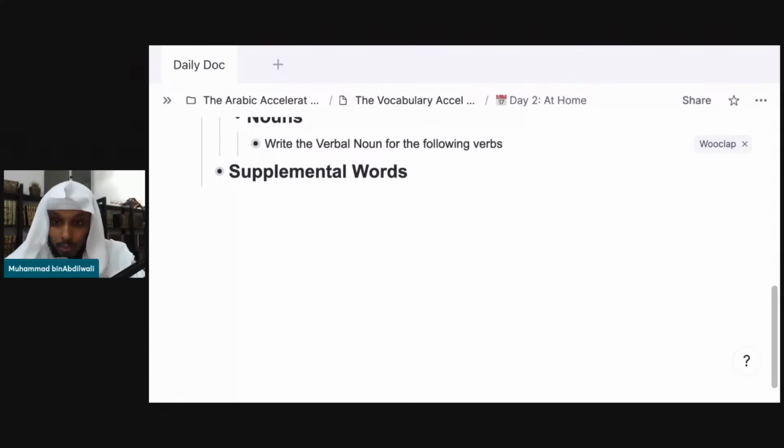Some of them are not. Sorry, a little mishap there. I actually copied the wrong words. I'm going to copy the correct ones now, but again, I haven't reviewed them, but we'll do that online. I'll tell you which ones are wrong, which ones are right as we go over them. The ones I was showing you earlier were the verbal nouns for day one, such as the verbs connected to different occupations and the likes.